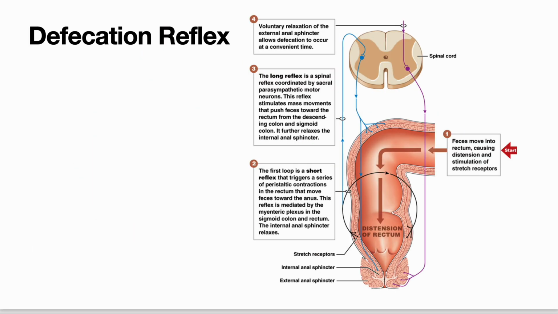All right, so you can't talk about the large intestine, the sigmoid colon, and the rectum without talking about the defecation reflex, because it has both an autonomic piece and a voluntary piece. So the first thing that initiates the defecation reflex is that fecal matter moves into the rectum, and that's going to cause distension. It's going to expand the rectum, which will stimulate stretch receptors.